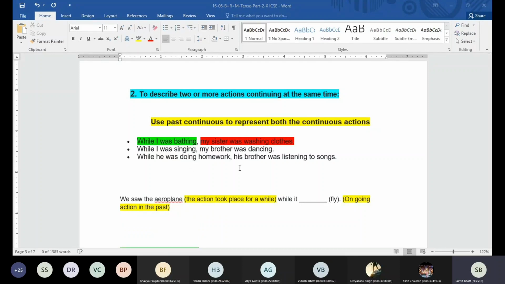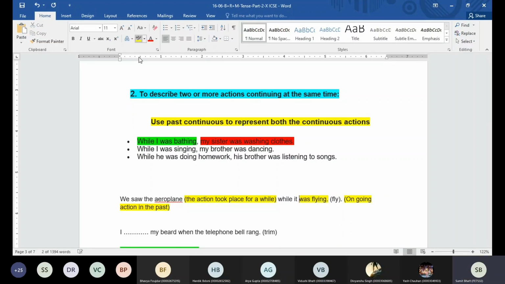What should be the right answer? While it was flying. We use "it was flying" here because we are referring to a continuous action.